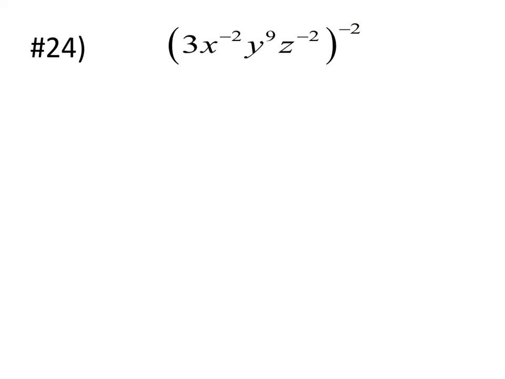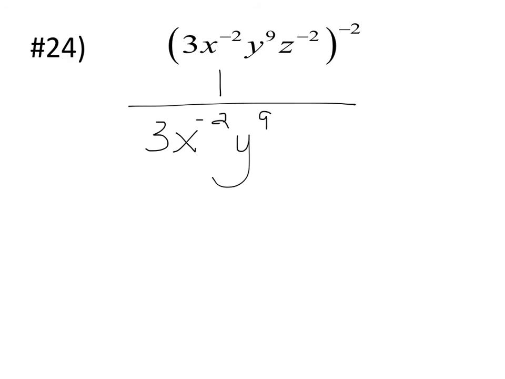Okay? All right, here we've got the entire thing being raised to a negative power, so we're going to go ahead and drop it like it's hot first. So this is 1 over 3x to the -2, y to the 9th, z to the -2, all squared. Now I need to make sure that each piece down here gets a squared.